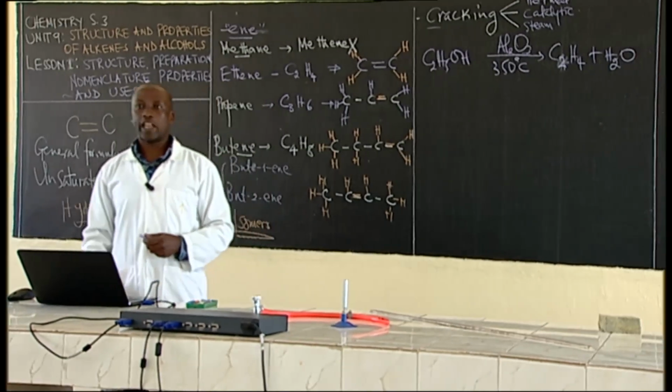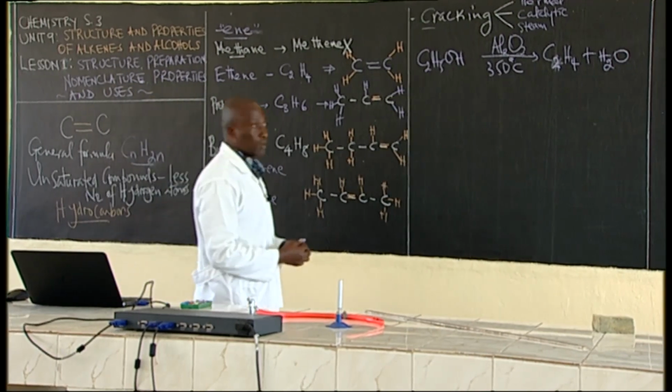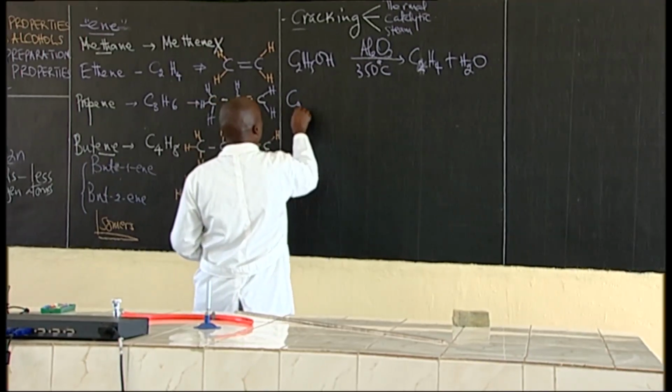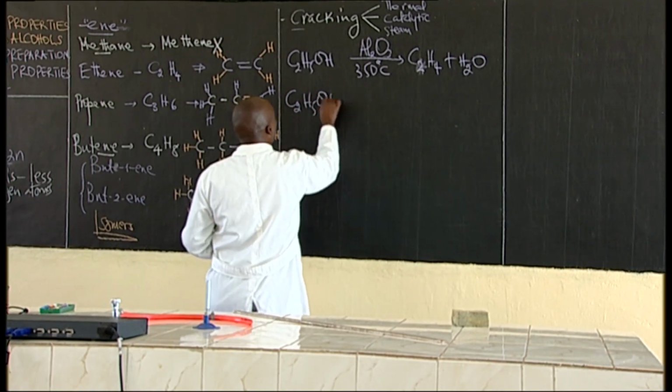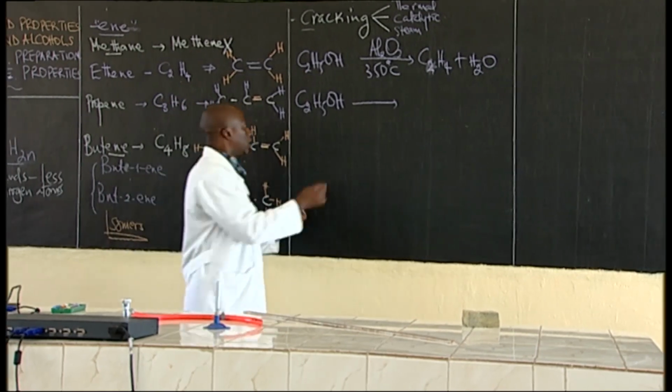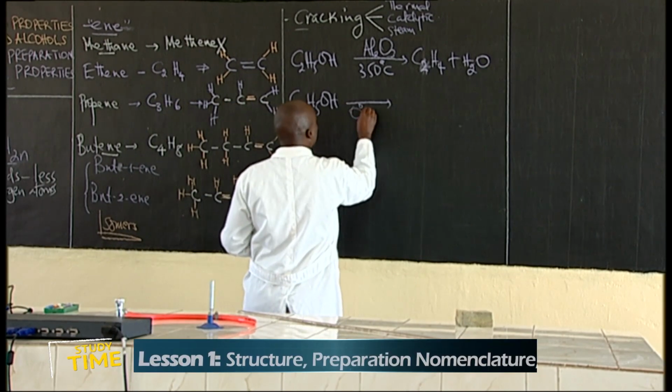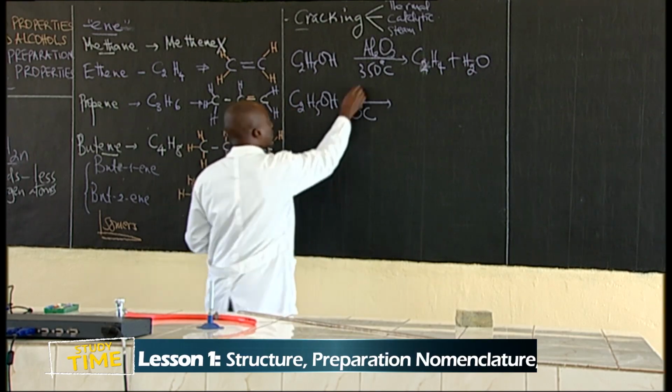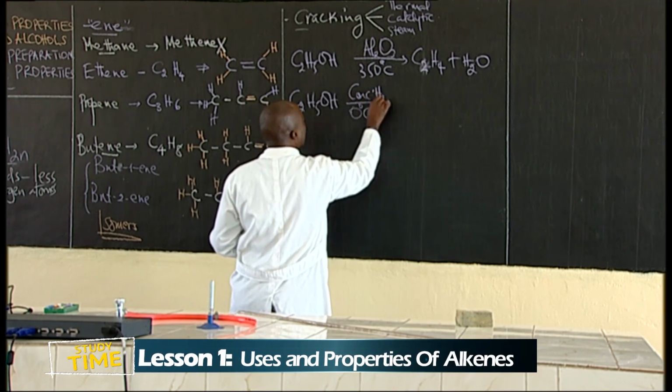So the same reaction, alcohol can be dehydrated using the concentrated sulfuric acid at 0 degrees Celsius, in presence of concentrated sulfuric acid.